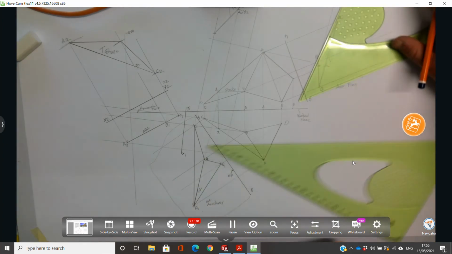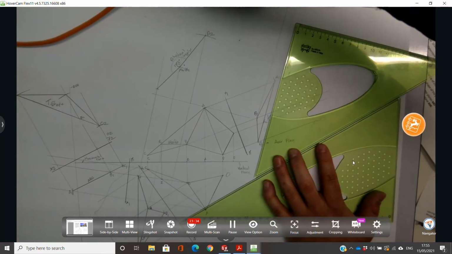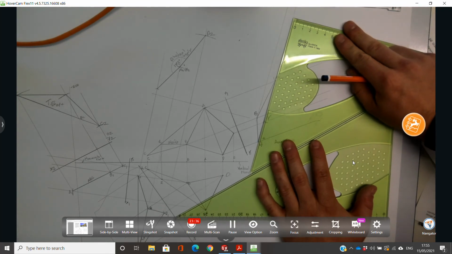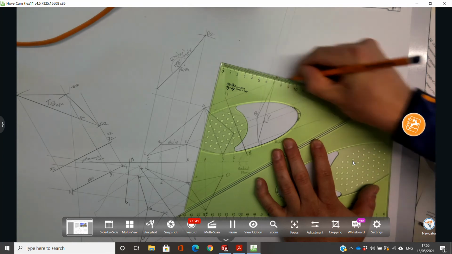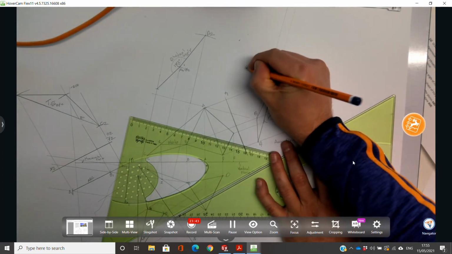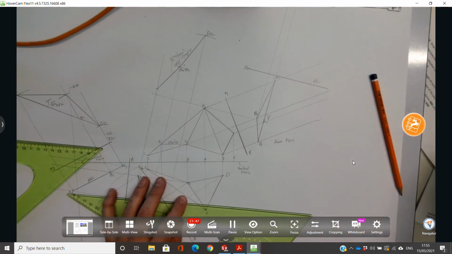So now I'm going to look along that line of intersection to get it to project as a point. So there's my x2, y2 line.